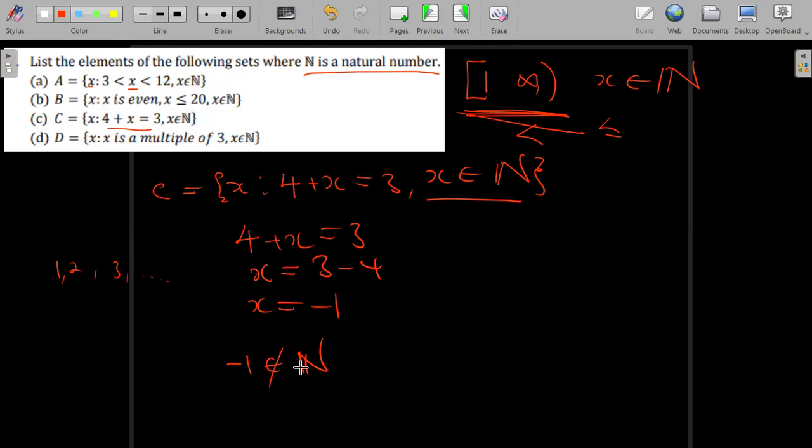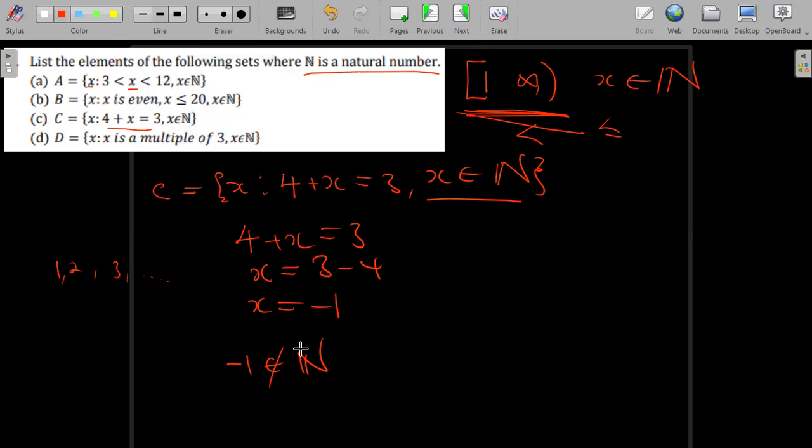Which means, if negative 1 is not a member of the natural numbers, and that's the only value I got, it won't be part of that set.